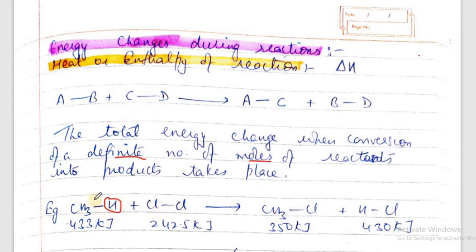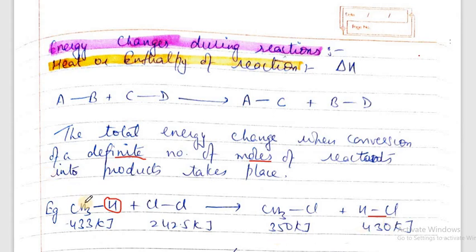That is, this bond will break and this bond will also break and new bonds are formed, that is H is replaced by Cl, and we get HCl. So this bond is cleaved and this new bond is formed.